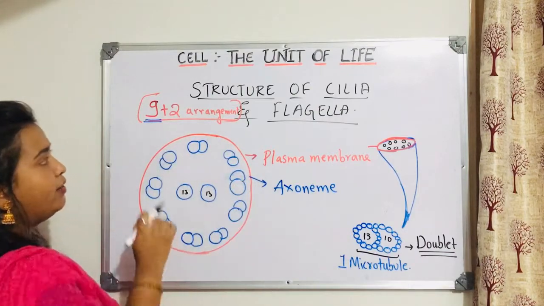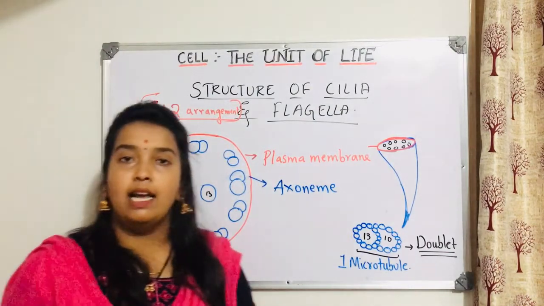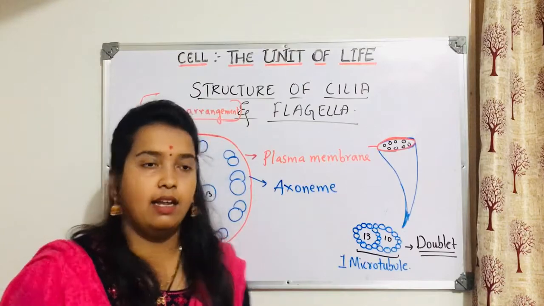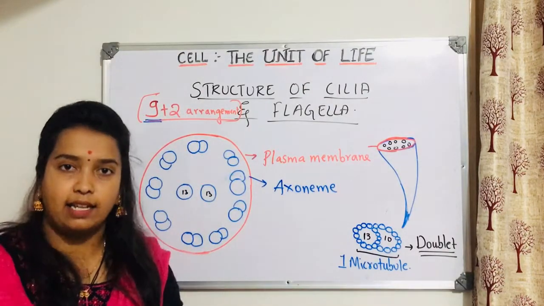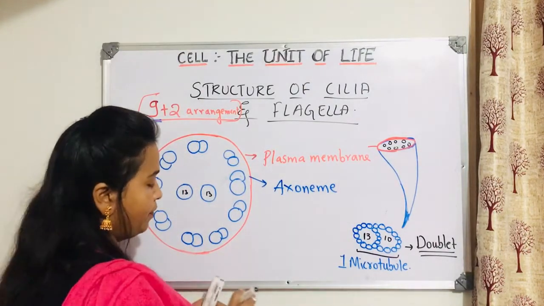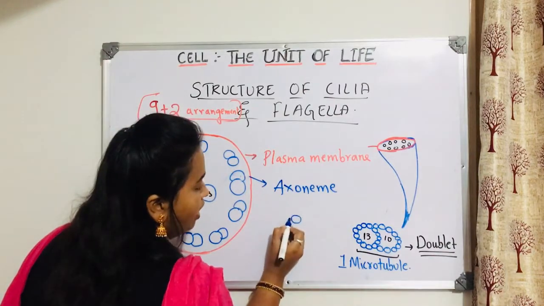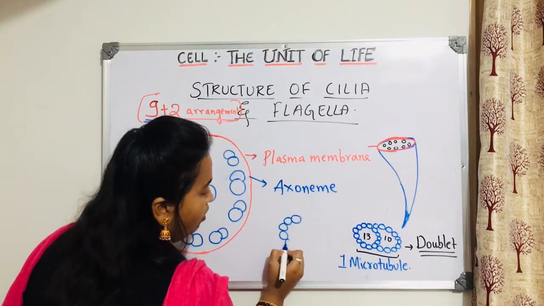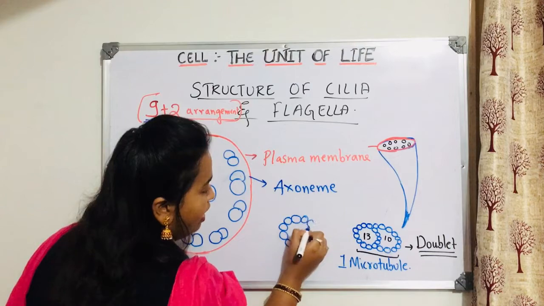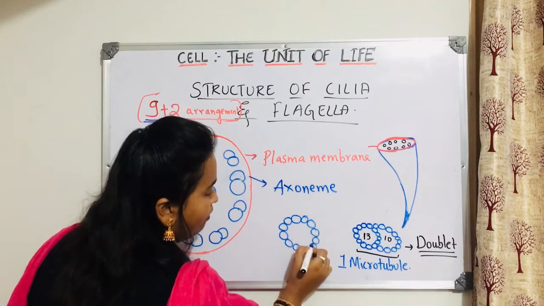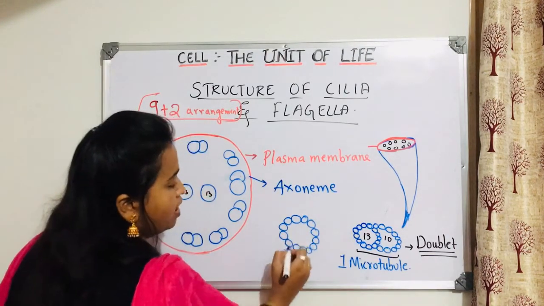So if you talk about the 9 plus 2 arrangement, 9 doublets are there and 2 singlets are there. And how does the singlet look? Same thing. 1, 2, 3, 4, 5, 6, 7, 8, 9, 10, 11, 12, 13. This is a singlet.